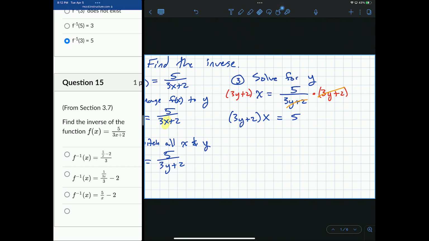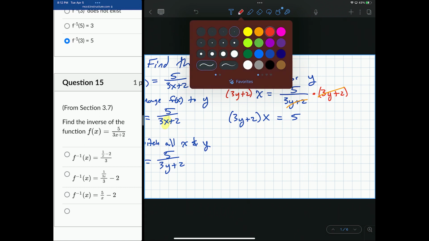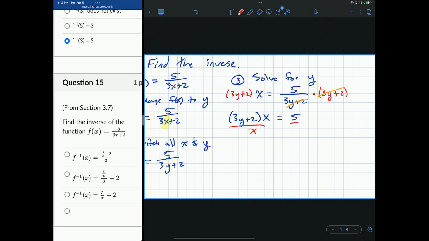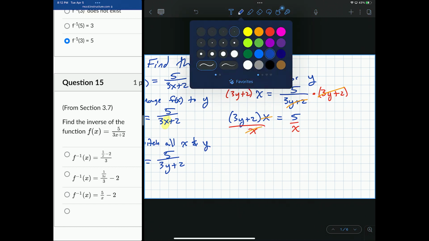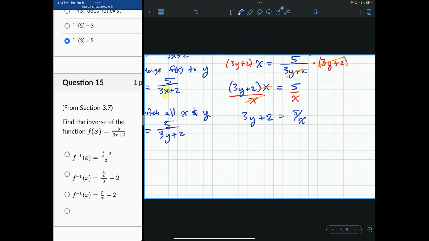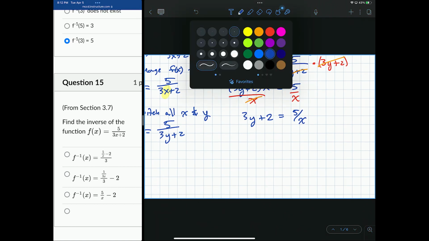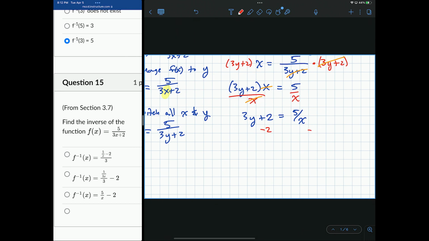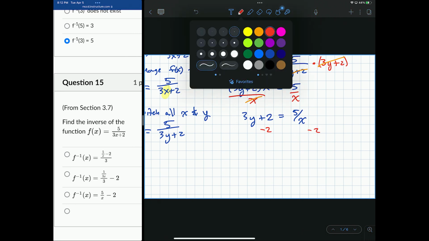So if I'm trying to solve for y, what I could do right now is divide both sides by x. That'd be pretty convenient, which will cancel out on the left-hand side and leave you with 3y plus 2 equals 5 over x. We're still trying to solve for y, so I should get rid of that 2. So subtract 2 from both sides.